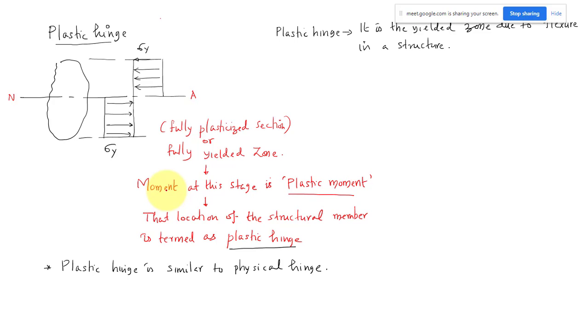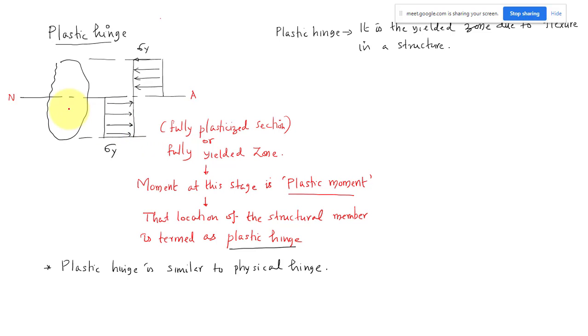Your maximum moment is at the midspan. If you keep on increasing the load, at which location will it reach this plastic state first? It will be at the midspan, because at midspan I have the maximum moment, WL square by 8. So at that section only it is going to form the plastic state; it will not form at any other section.